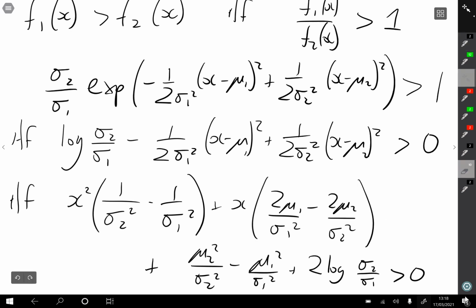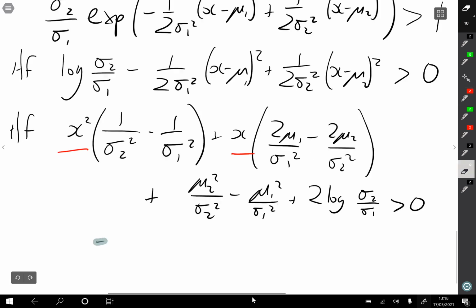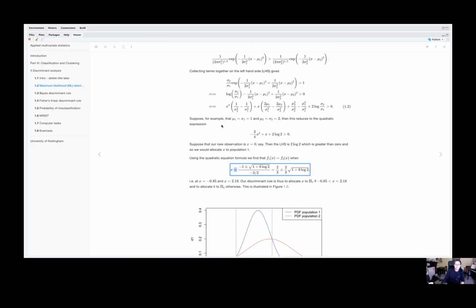You'll note this is a quadratic in x. We've got an x squared term, an x term, and a constant here. So this is of the form ax squared plus bx plus c. If we want to find where it switches from being positive to negative, we can just solve this for equal to 0.